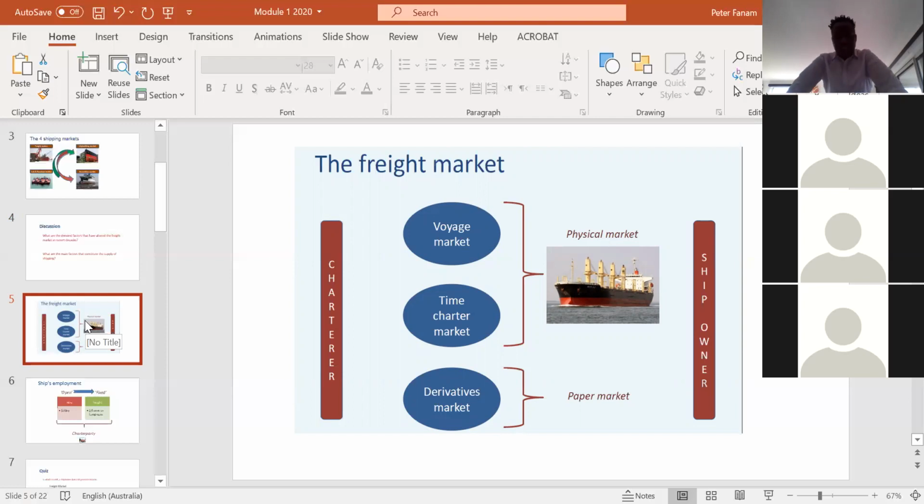So these three markets constitute the freight market. However, these three markets can be broken into two. The voyage market and the time charter market are what we call the physical markets.